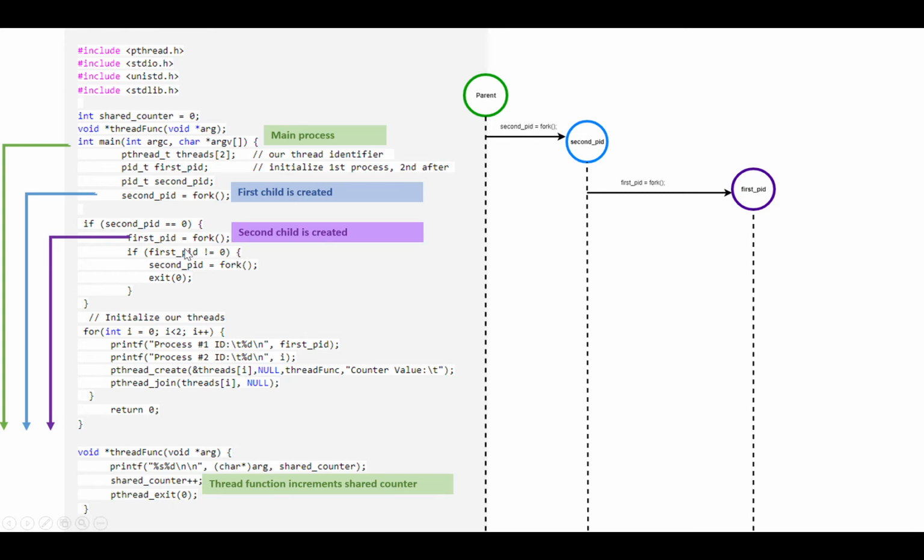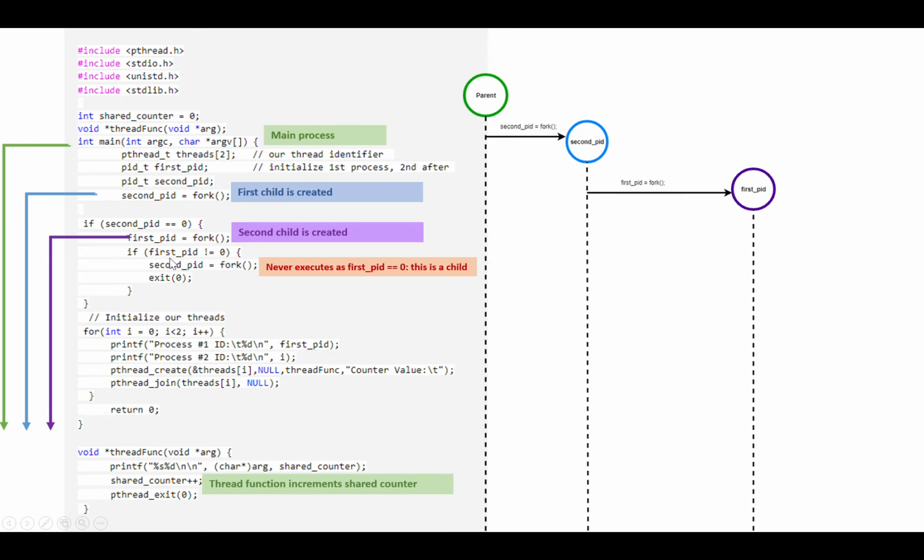Now moving further, the next nested if statement is running another conditional check for first PID. Specifically in this conditional check, we are determining whether first PID is not a child, whether it's a parent.